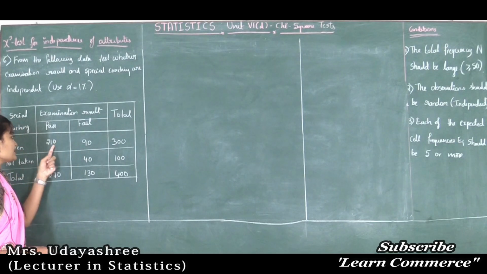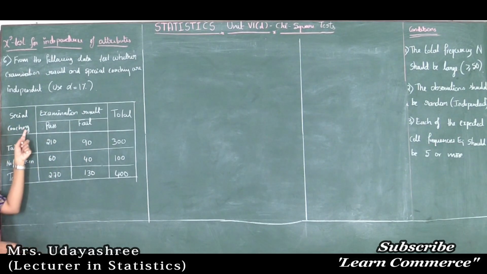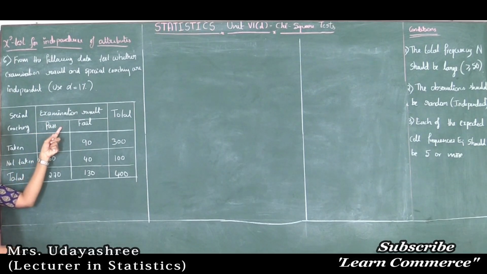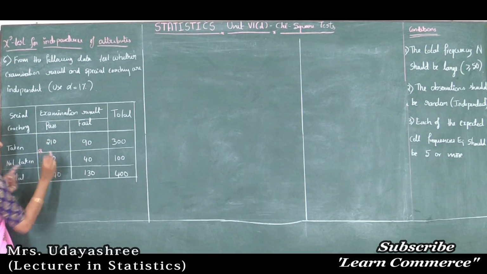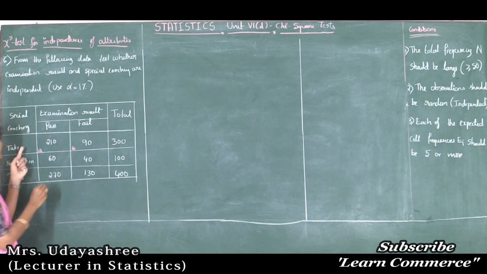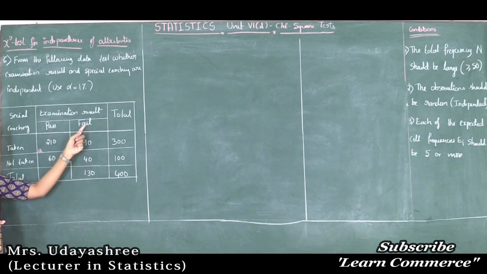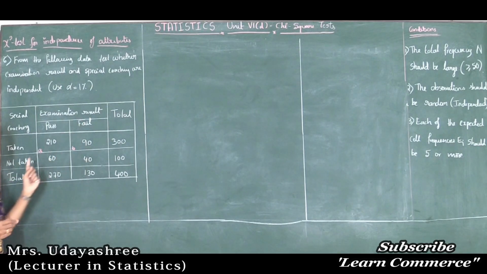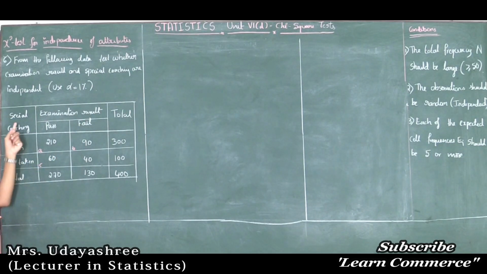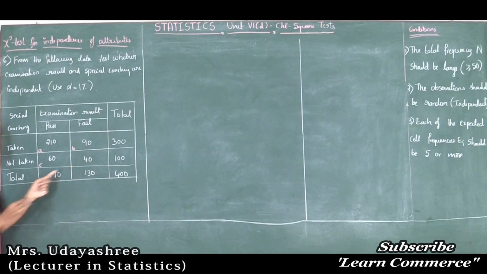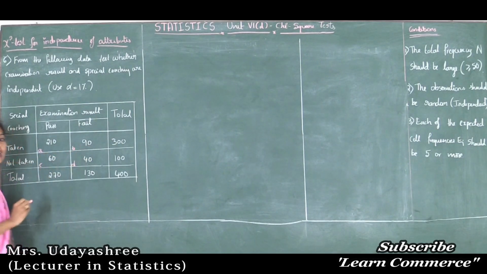The first observation, 210, is special coaching classes taken and passed in examination, that is A. Next, B is special coaching classes taken but failed in the final examination. C is special coaching classes not taken but passed in examination. Then 40 is D, that is special coaching classes not taken and failed in examination. So 210, 90, 60, 40 are the frequencies.